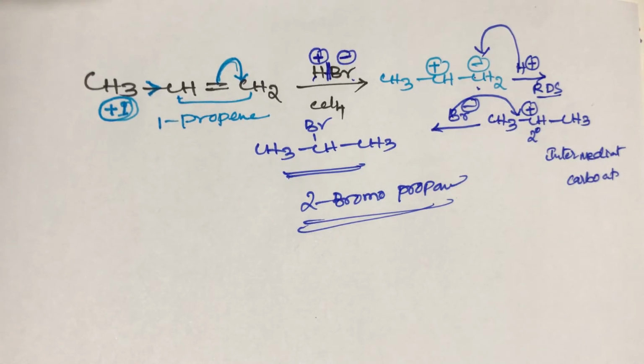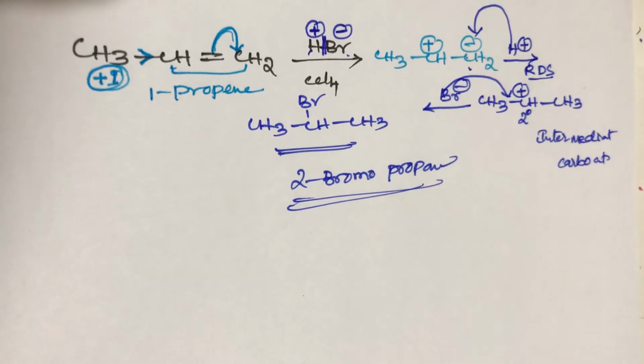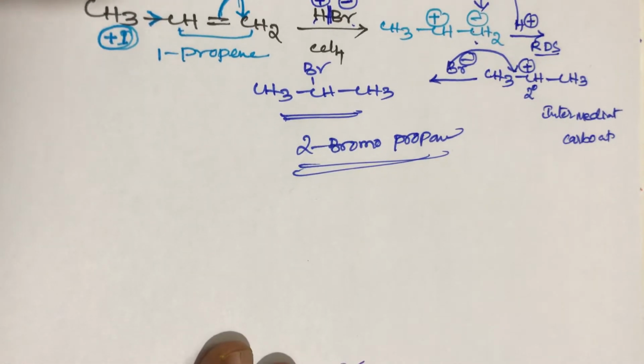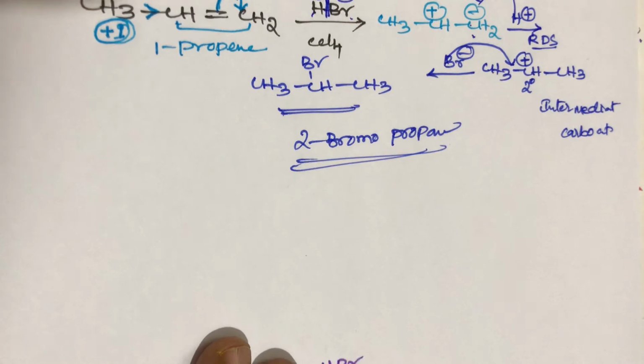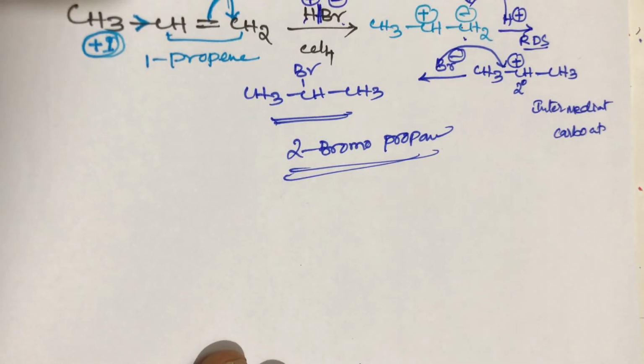This is the simple trick, students. Electrophilic addition reactions generally take place in alkenes and alkynes only. This is example one.